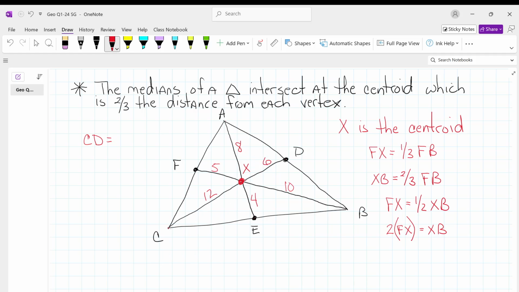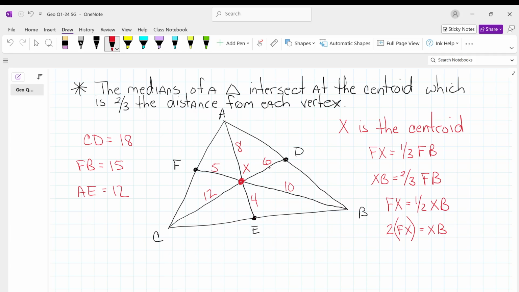So how far is it from C to D? 18, very good. You just add the two segments together, right? Because F to B, how far is it from F to B? Good. And what's left? A to E. A to E is equal to 12. Good.